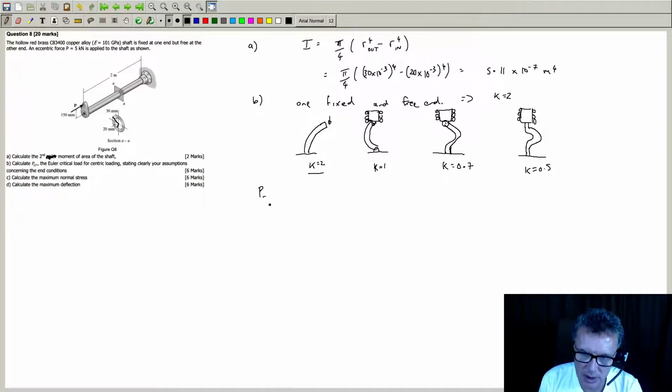So P critical is pi squared E I over K length of the bar squared.